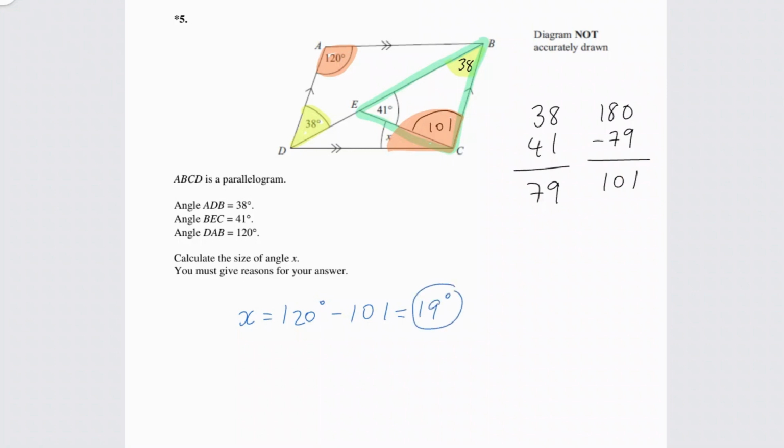Again, it's going to be the reasons that often catch people out here. Well, what did we use? We used alternate angles are equal. We used angles in a triangle sum to 180.